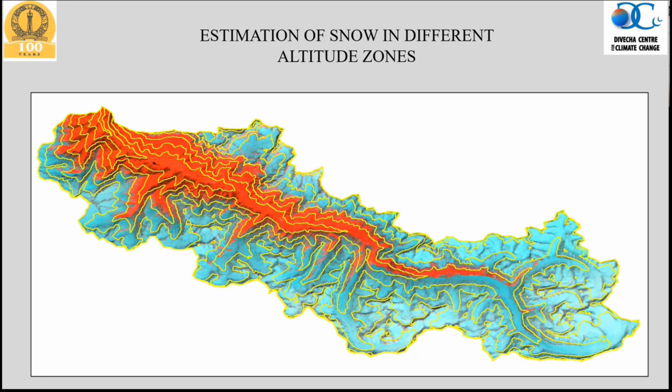You can clip within the altitude, and get how much area is covered under each altitude zone. You can also know the total area, so you can express it as a percentage, whichever way you want to use it later on.